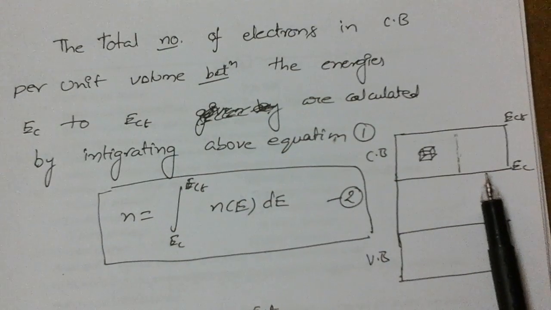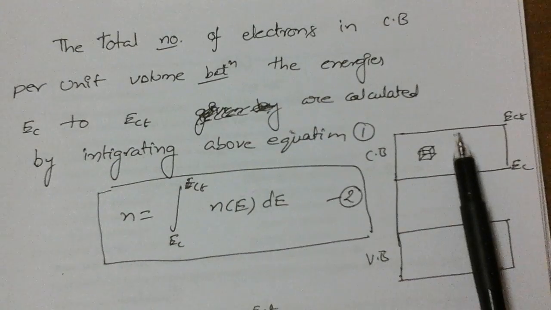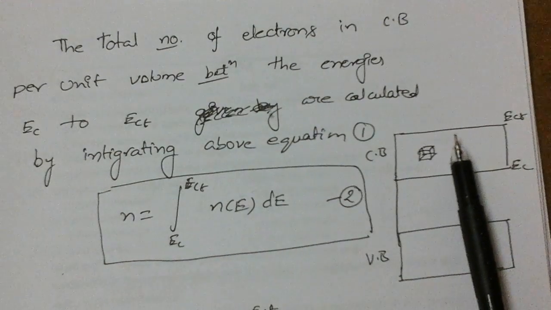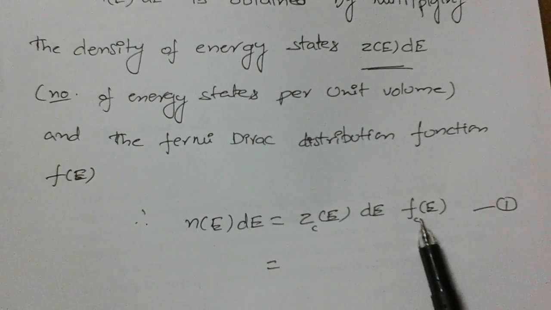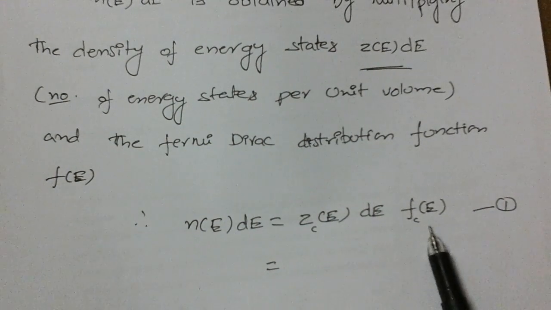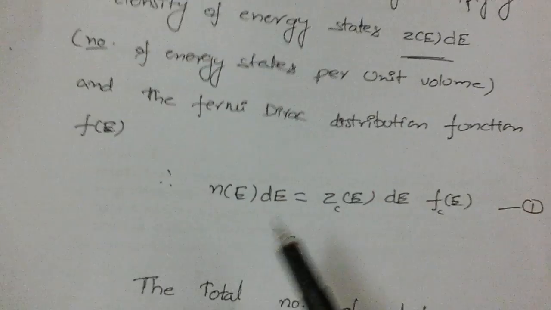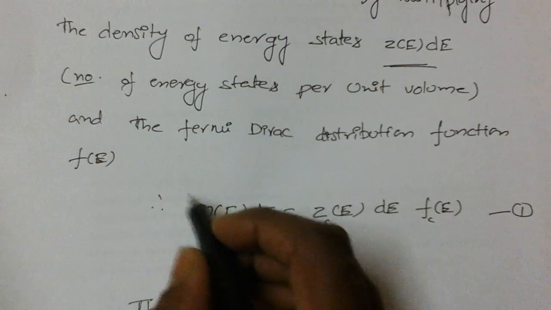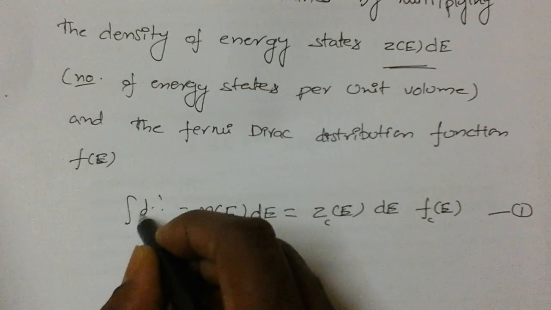But we have to calculate how many electrons there are from the bottom of the conduction band to the top of the conduction band. To do that, we have to integrate this equation on both sides. For understanding, I can say the integration of only dn.